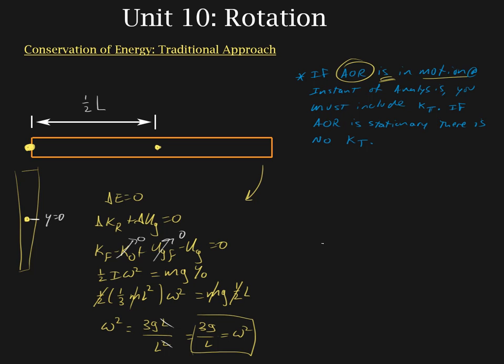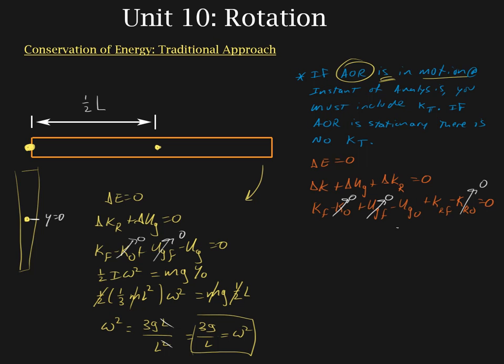And we're going to use the moment of inertia for which the axis of rotation goes through the center of mass. Okay, so we have delta E is equal to 0. And so now we can cancel some things. We know that all the initial kinetic energies are 0 and that the final potential energy is 0.